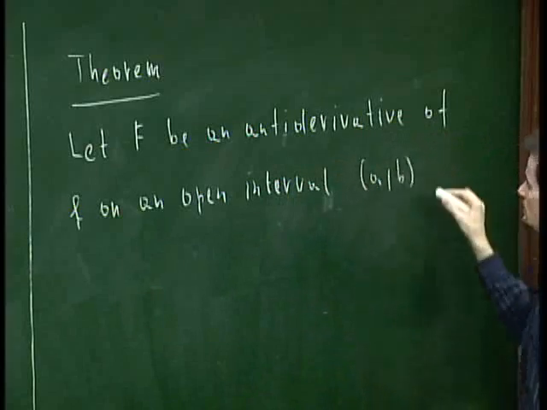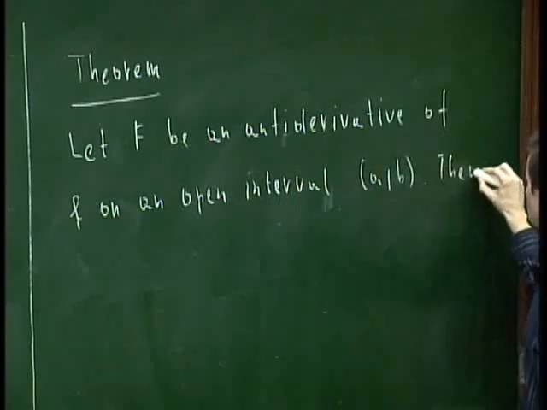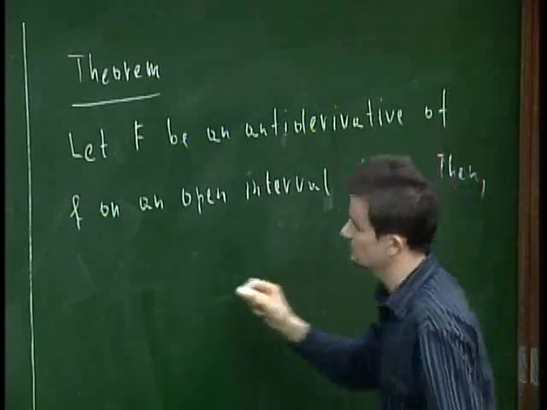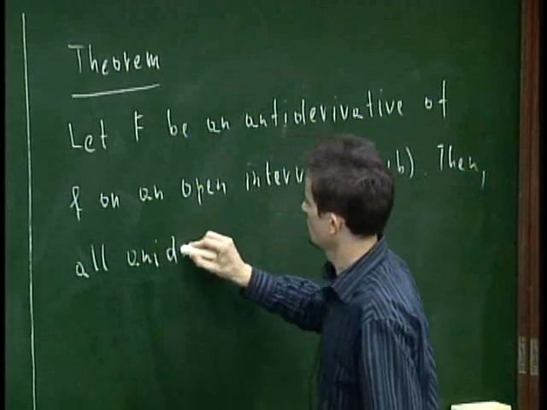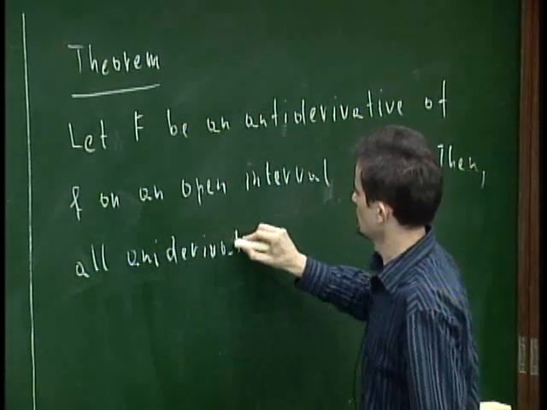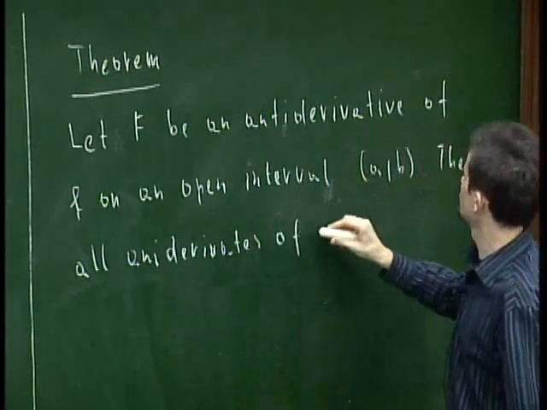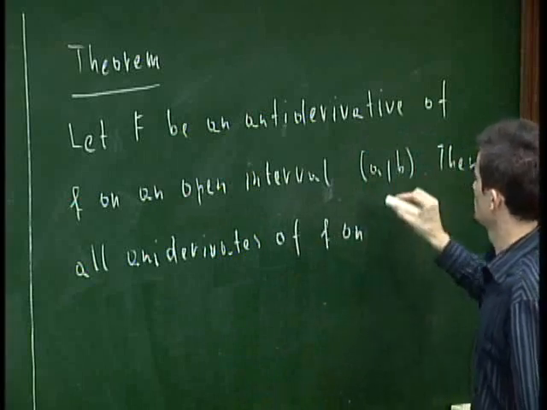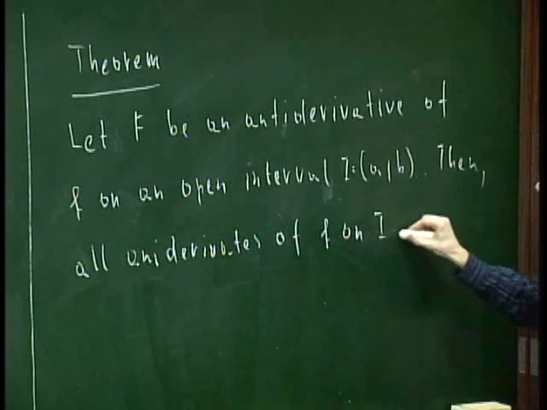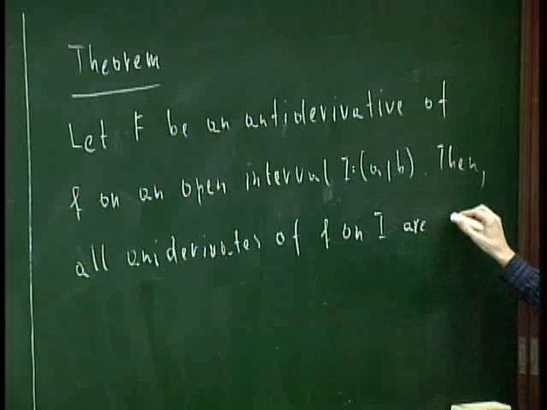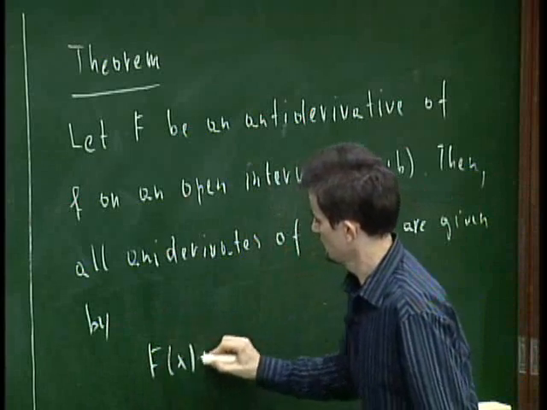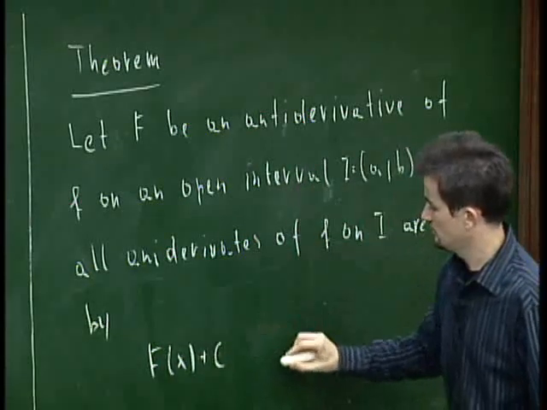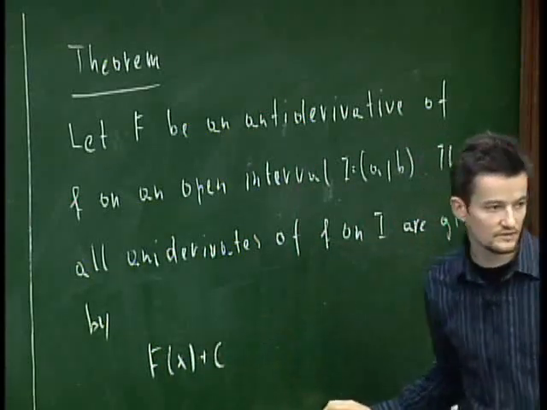Then all antiderivatives are given by F of x plus c, where c is a constant.